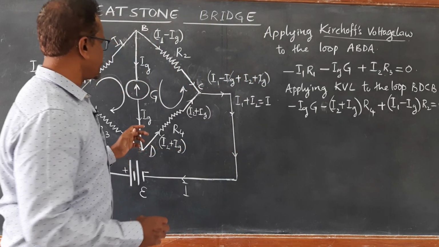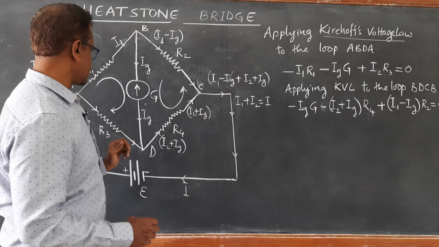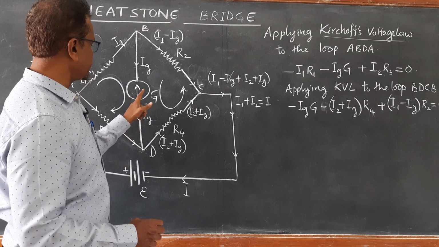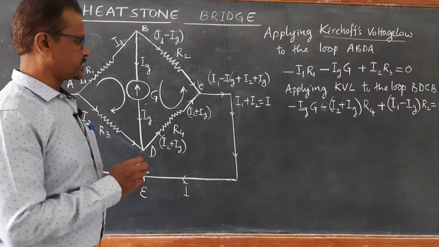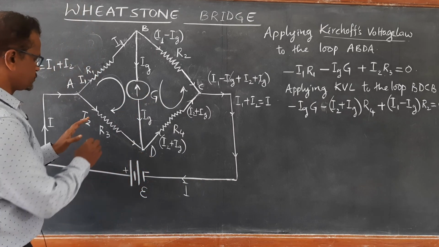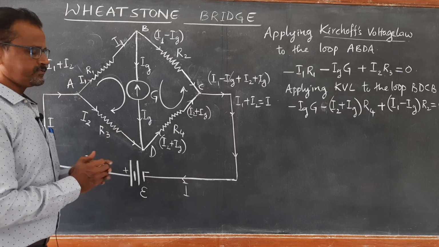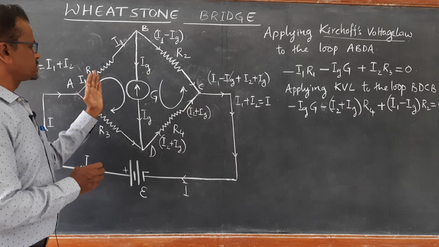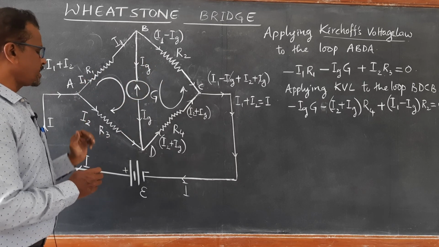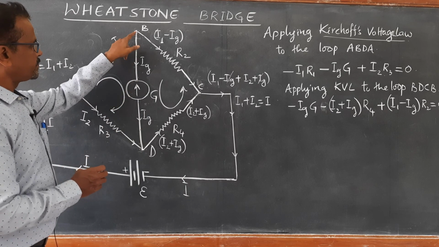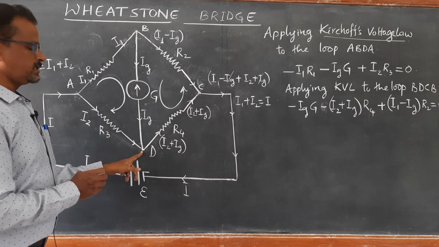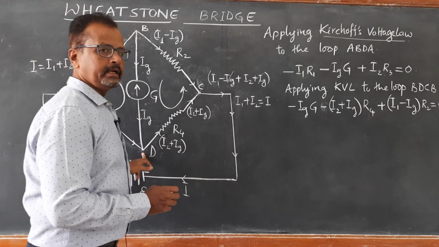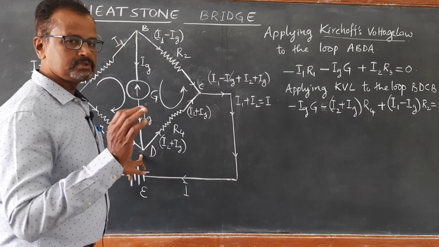Now we are choosing these values of resistances R3 and R4 such that the galvanometer should read 0 deflection. Means by suitably adjusting the values of R3 and R4, and even one can adjust R1 and R2, by suitably adjusting the resistances like R2, R4 and R3, the potential at B is made exactly equal to potential at D. So when the potential at B is equal to potential at D, potential difference between B and D becomes 0.